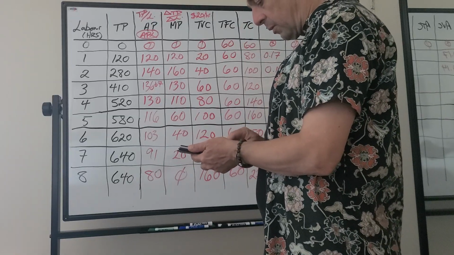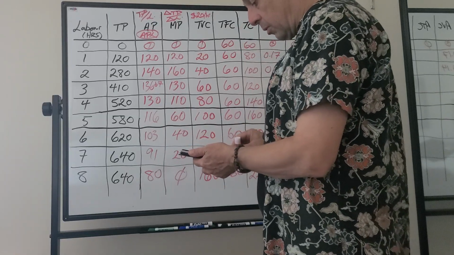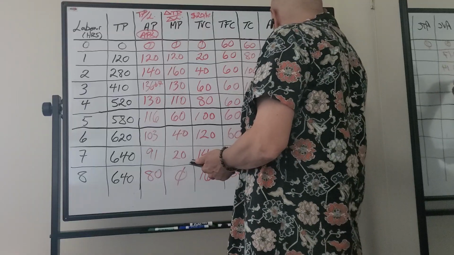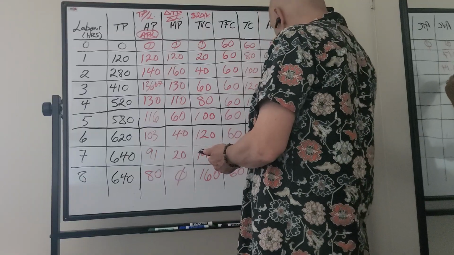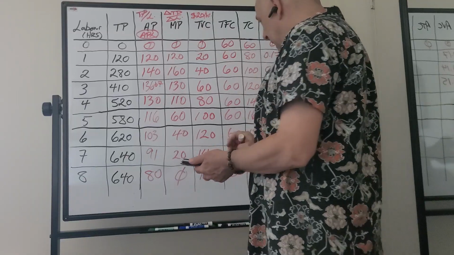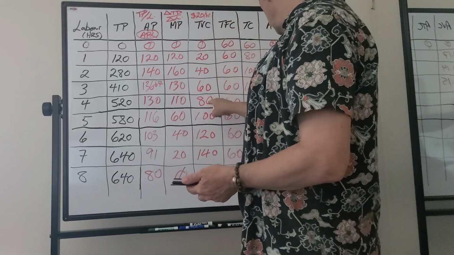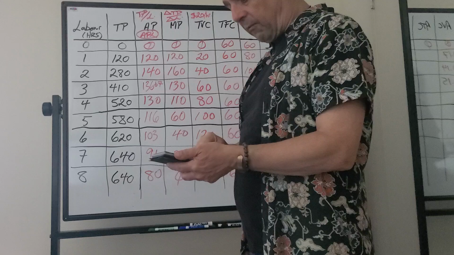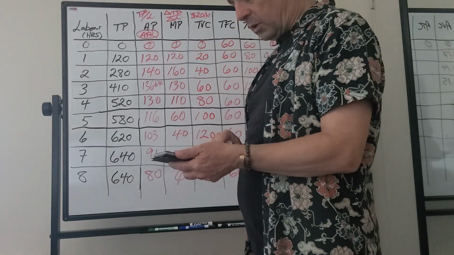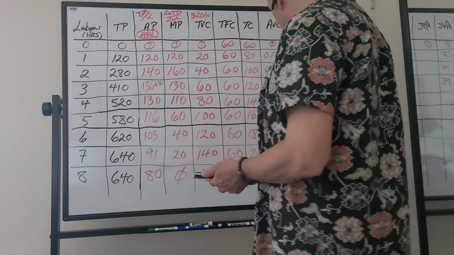So 60 divided by 410 equals 0.15. And then we're going to say total variable cost of 80 divided by 520. 520 is 15.